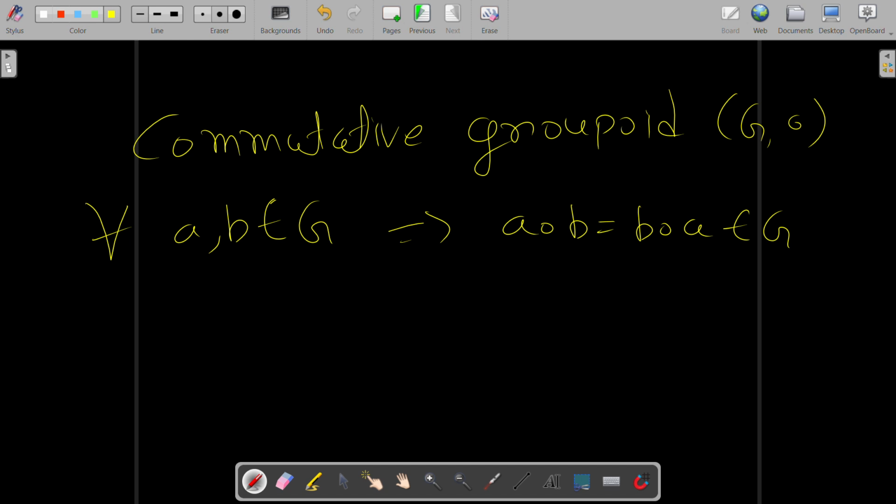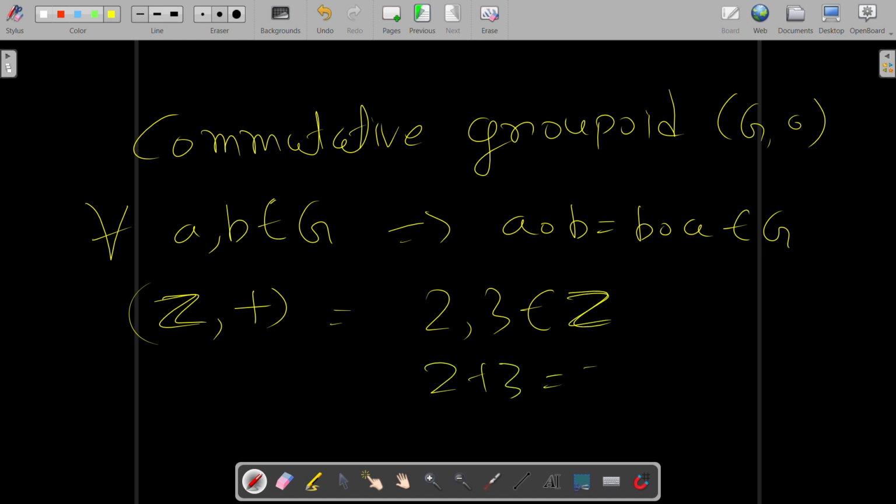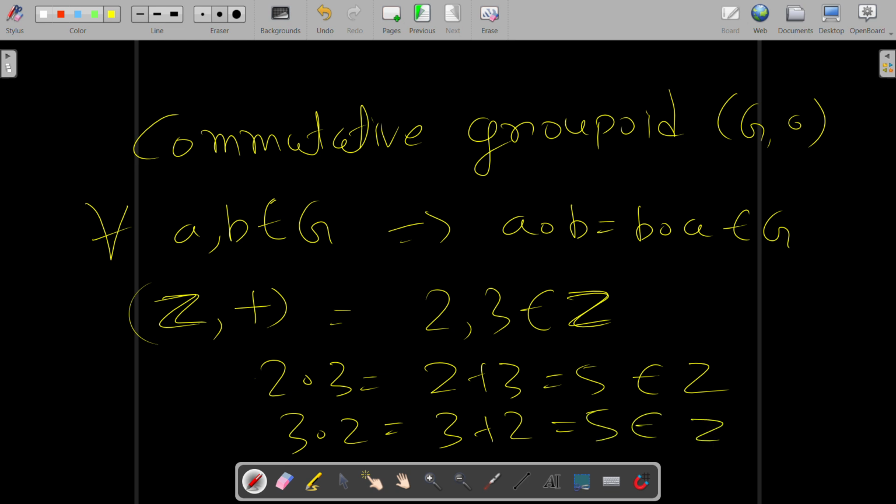For an example, I can say Z plus, the set of all integers under addition, is a commutative groupoid, because if we take any arbitrary two elements, 2, 3 belongs to Z, the addition 2 plus 3 will give 5, which belongs to Z, and similarly 3 not 2 is equal to 3 plus 2 is equal to 5 belongs to Z. We can clearly see 2 not 3 equals 3 not 2, so this satisfies the commutative property.